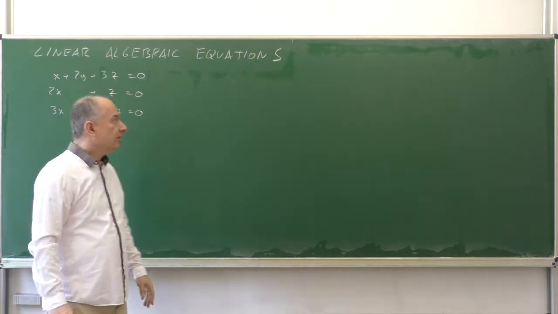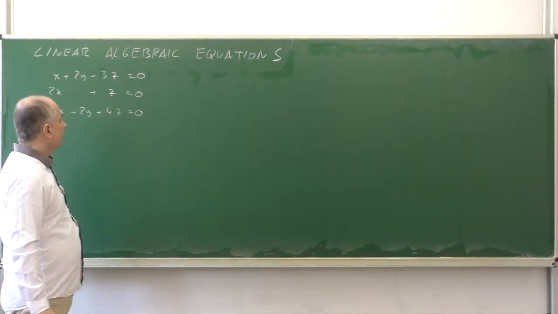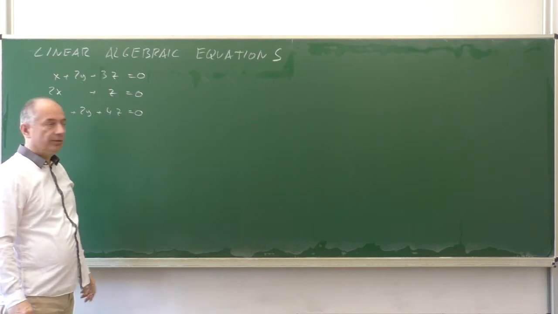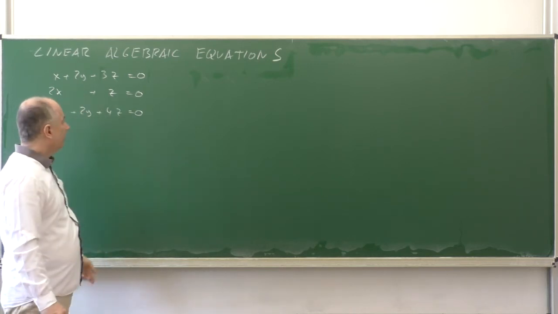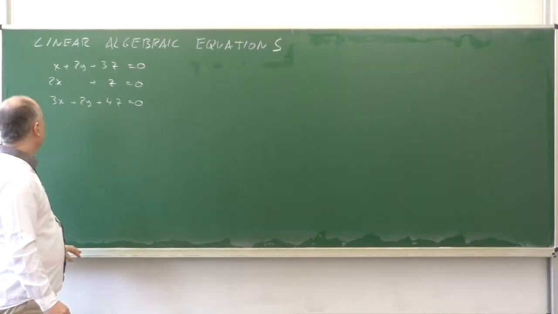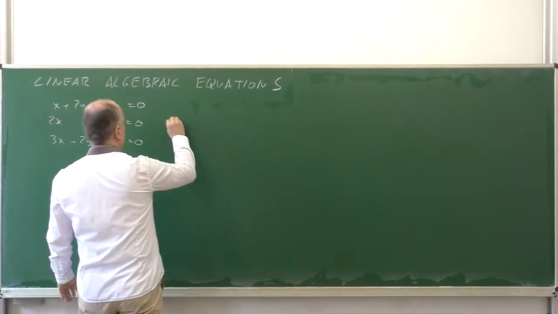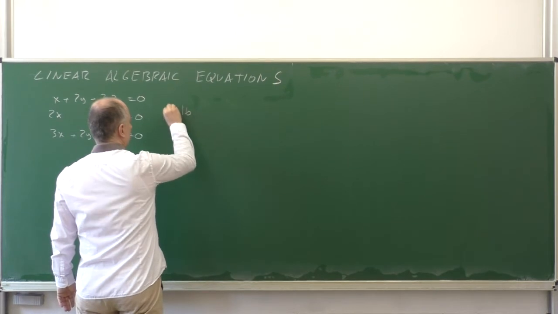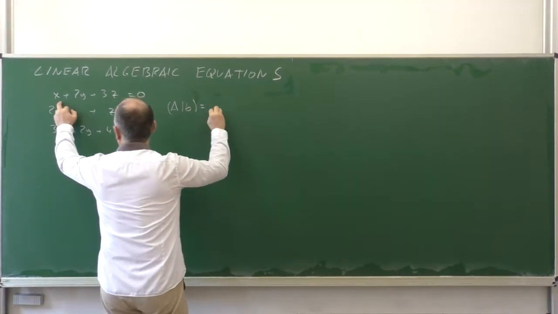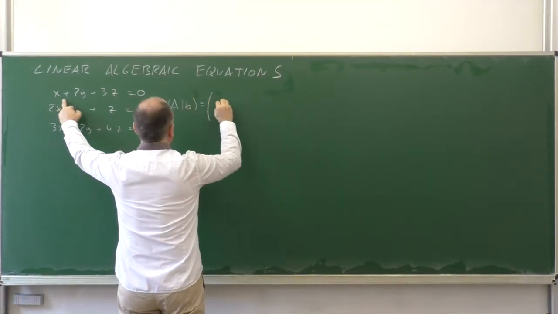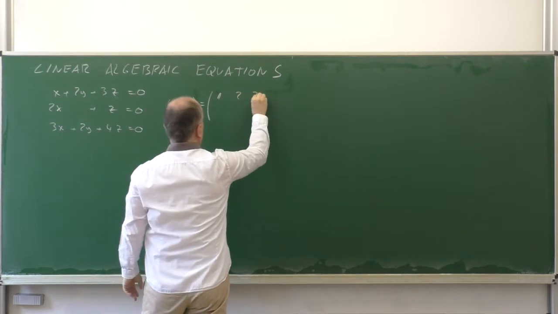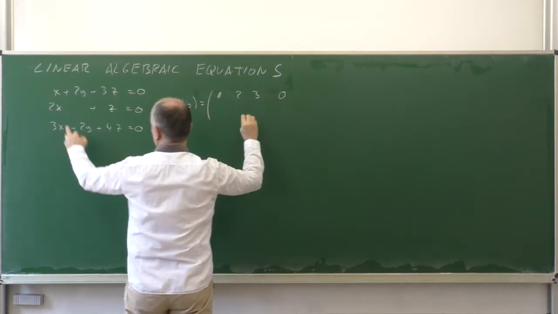Let us practice the linear algebraic equations that are homogeneous. Consider the following three equations for these three unknowns. So we write the augmented matrix of the system. Namely, we copy the coefficients 1, 2, 3 and the right hand side.